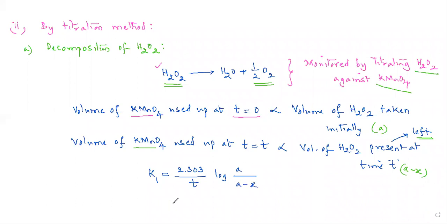a by a minus x. Now this is V0 and this is of course Vt. So this can be given as K1 is equal to 2.303 by t log, a is V0, a minus x is Vt.